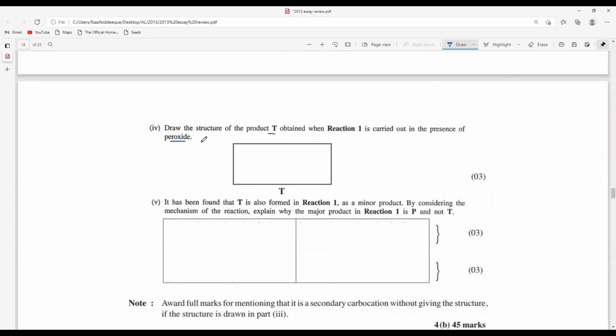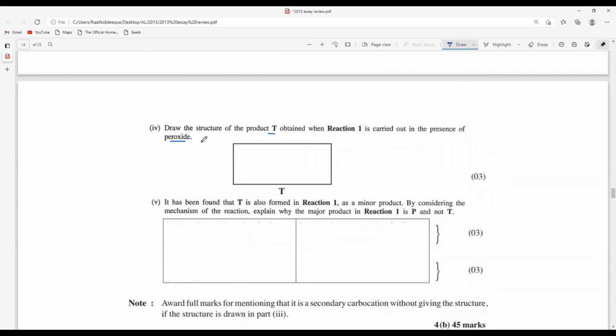For example, this is our Markovnikov product where hydrogen is added to the maximum, and anti-Markovnikov means it should be the other one. Like we should have CH2Br here, and here it should be CH2Br.